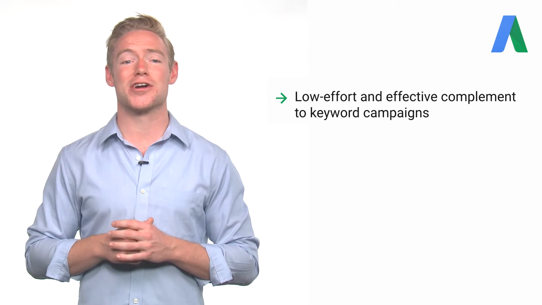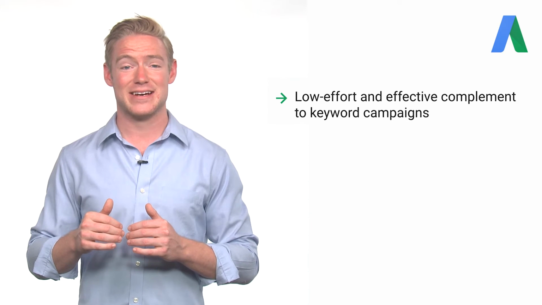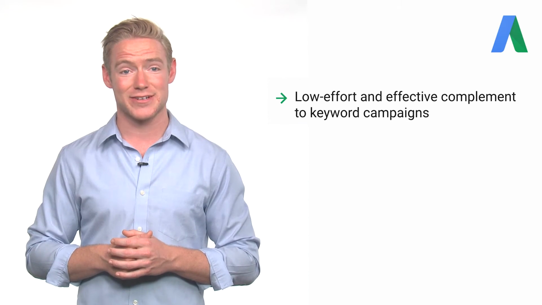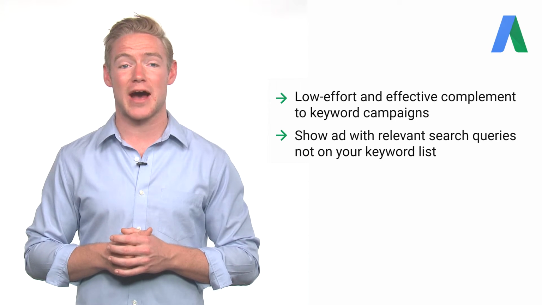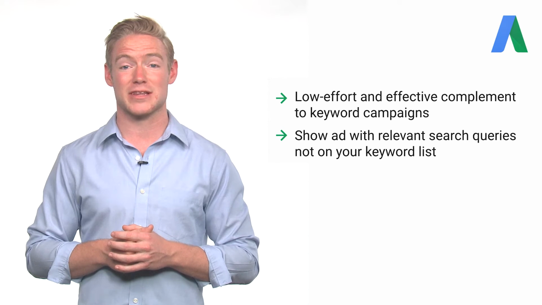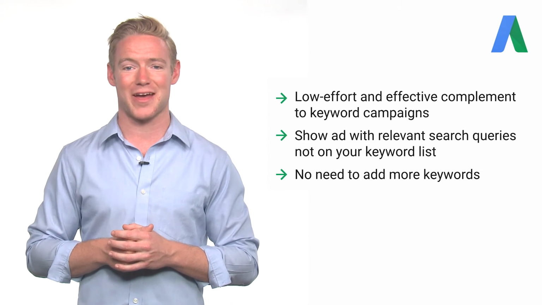Dynamic search ads are a terrific complement to your existing keyword-based campaigns and can potentially bring you more clicks and conversions with less effort. That's because they take into account unique search queries that might not be included in your existing keyword list, and all without having to add more keywords to your campaign.